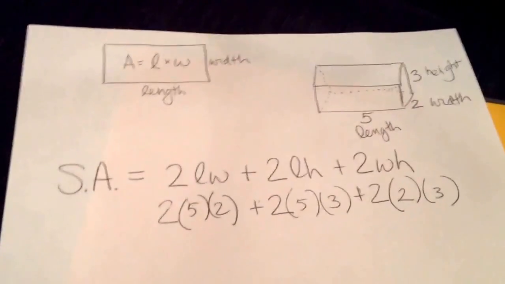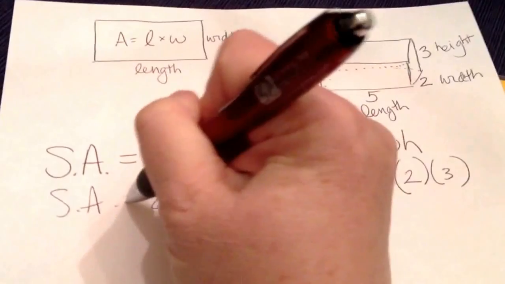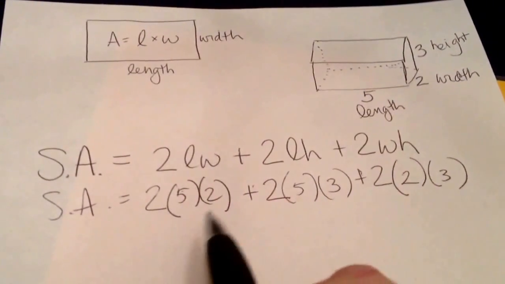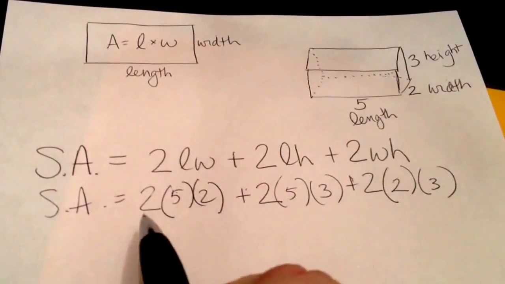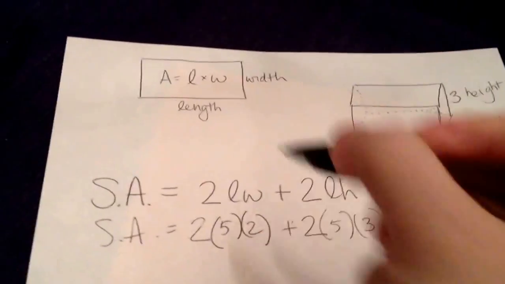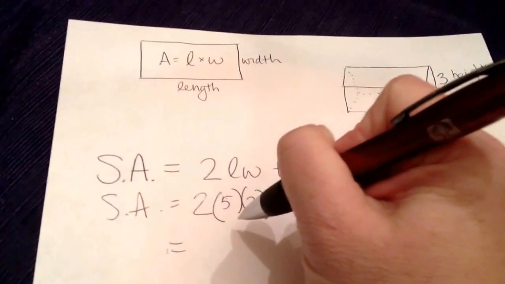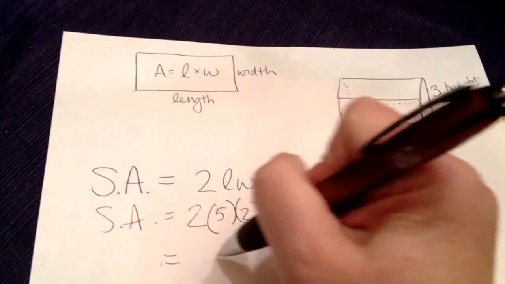Okay, order of operations tells us that we have to multiply before we add. So we're going to multiply each of these 3 numbers together in each section, and we'll add at the end. So 2 times 5 is 10, times 2 is 20.